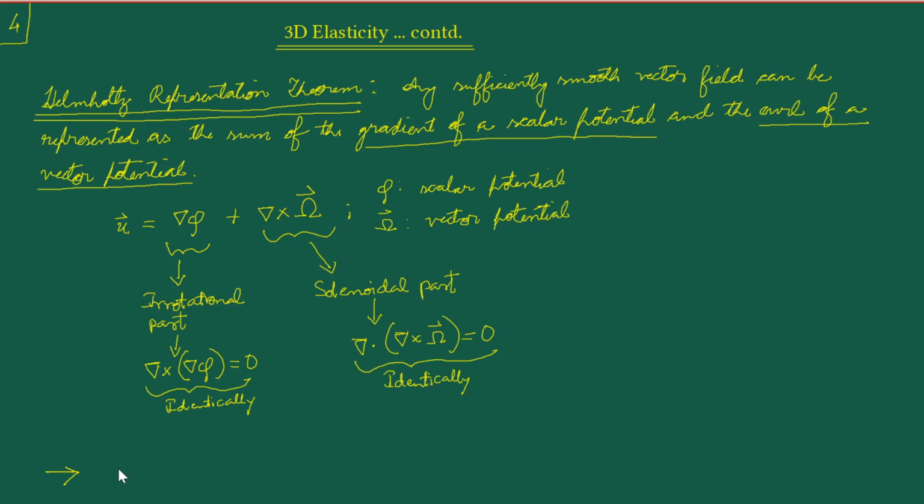So what I'm trying to do here is this: del dot sigma plus rho b equal to 0. From that, from here, what I will obtain is del dot u, the grad of this whole thing, plus g.